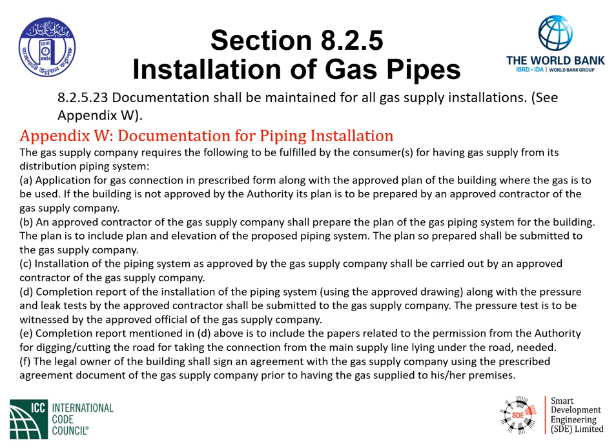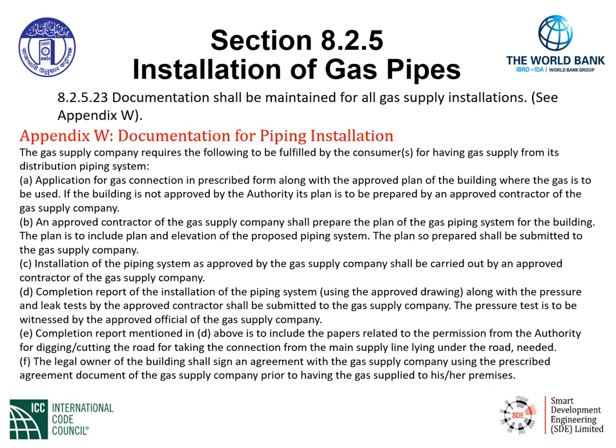Item E, the completion report mentioned in item D above is to include the papers related to the permission from the authority for digging, cutting the road, for taking the connection from the main supply line lying under the road, if needed.